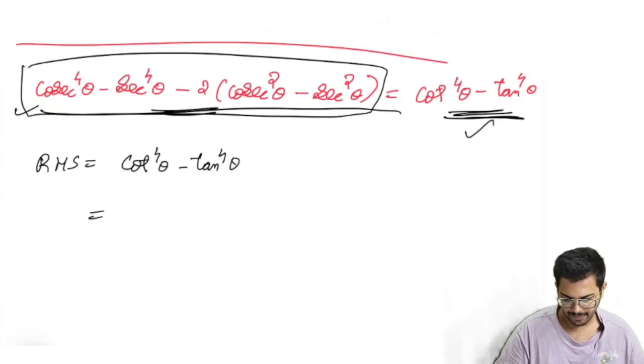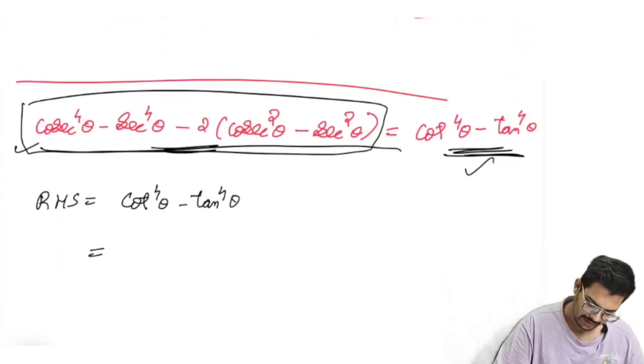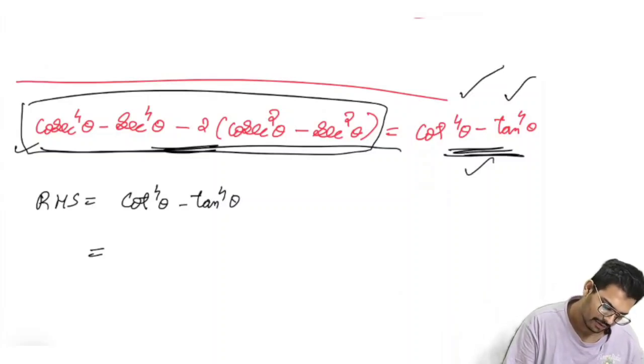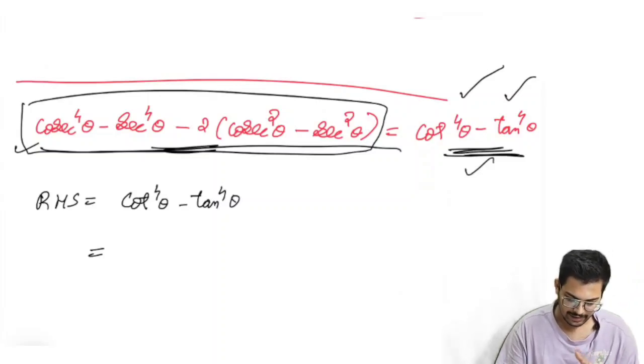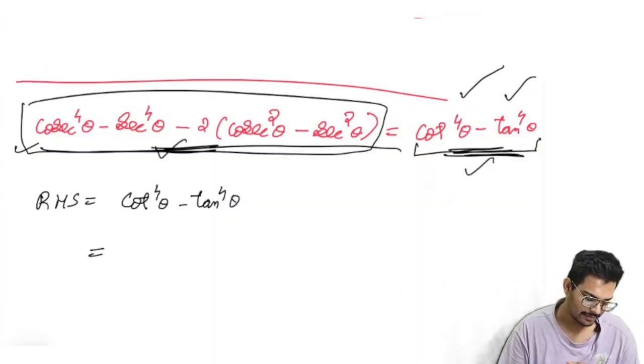See, when you observe this question, if you are able to convert cot into cosec and tan into sec, then you will get it. The main thing is, you should make the trigonometric functions identical. Here the RHS is in terms of cot and tan, but the LHS is in terms of sec and cosec.